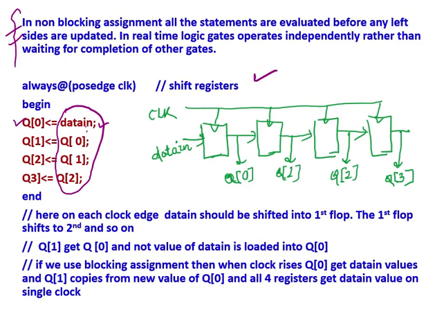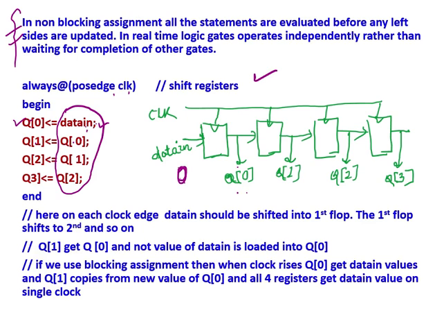Say data in equals 0. Data in will be assigned when there is a positive edge of clock, then Q0 will get data in. I gave a data bit 0 in data in, so Q0 will get it. What will Q1 get? Q1 will get Q0, but not instantly.